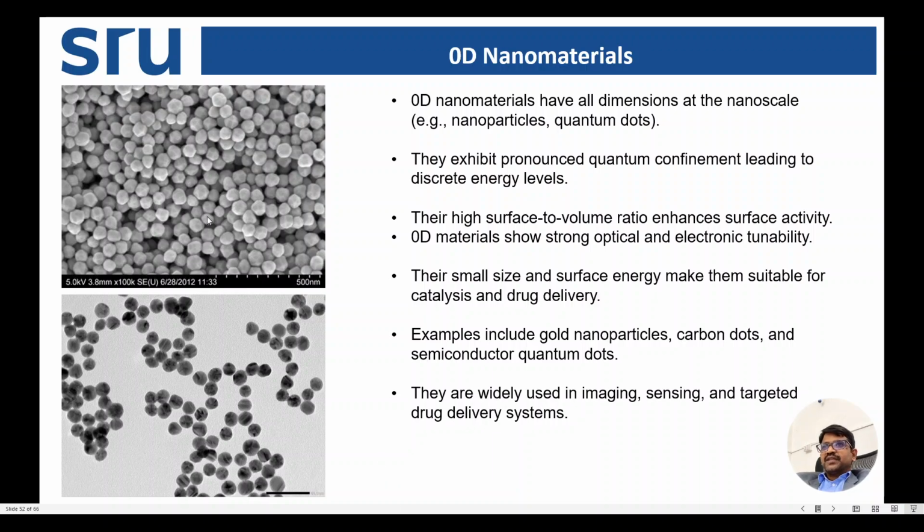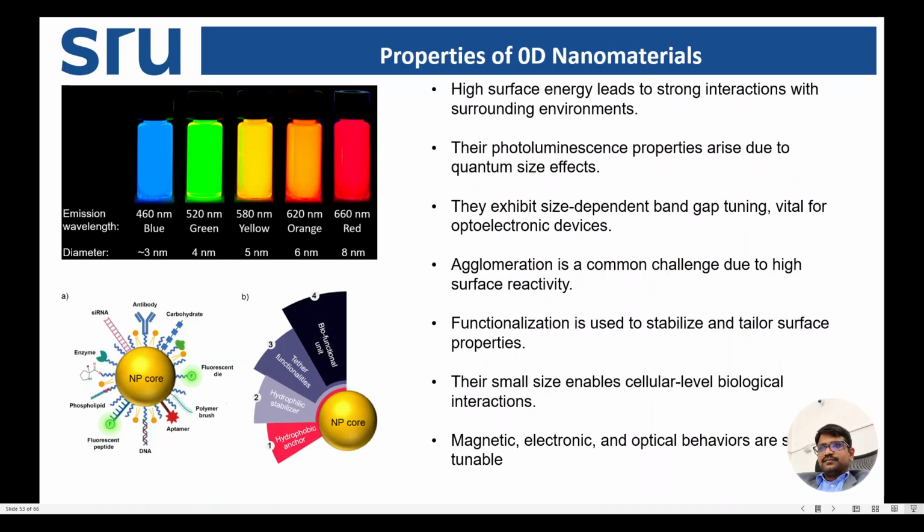Now here you can see some images of zero-dimensional nanoparticles. And then you can see the difference. Even if the difference is small, you can see the change in optical properties.